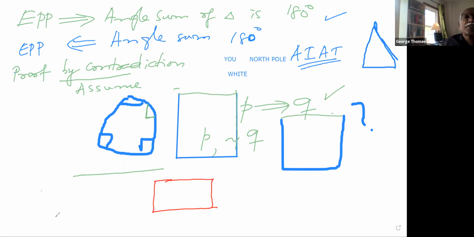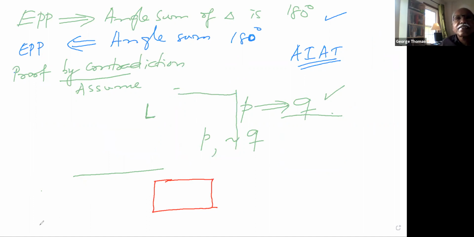In hyperbolic geometry, there is no rectangle. If you turned 90 degrees, and 90 degrees, you will not come here. You will come somewhere here only. You will not reach that point. In hyperbolic geometry, you will not be able to get back to that point.